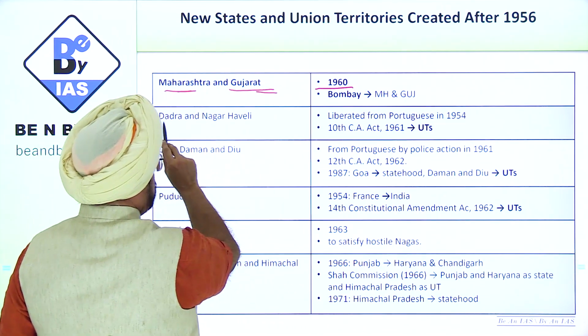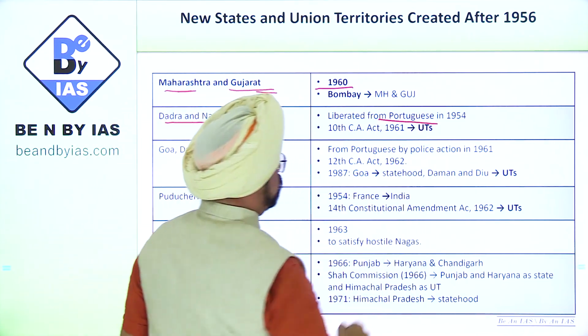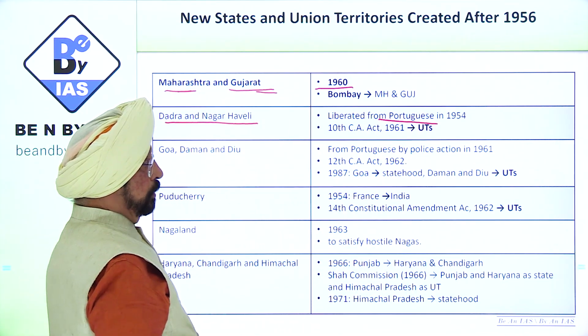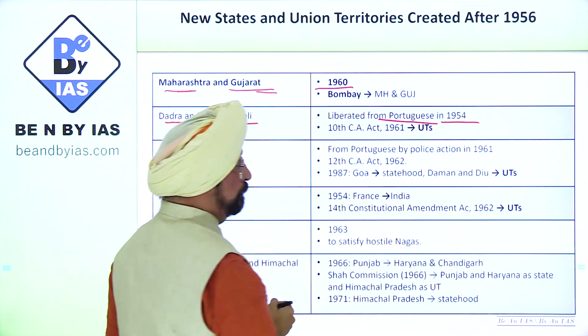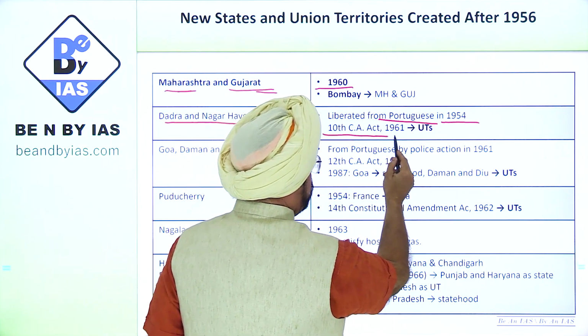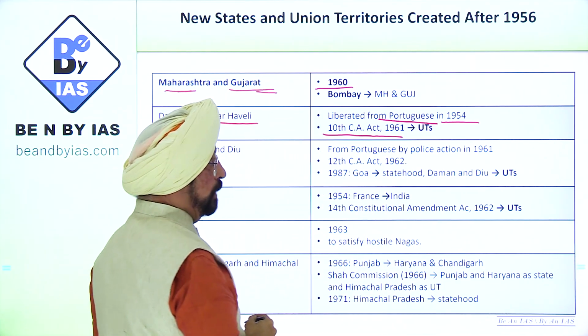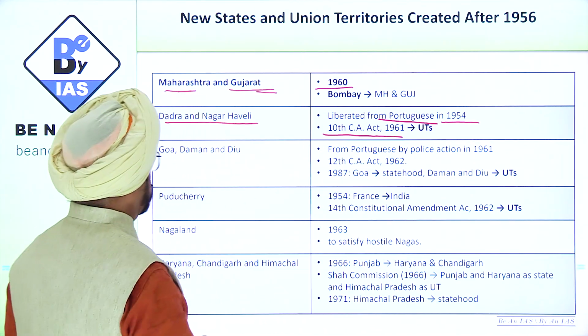Now, Dadra and Nagar Haveli were under the Portuguese control. So, they were liberated in 1954 and under the 10th Constitutional Amendment Act of 1961, they were formed into union territories.